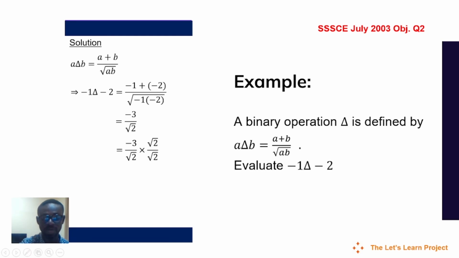When you multiply 1 by any number, you haven't done anything to the number. So at the top, we have -3 times root 2, and that is -3 root 2. And at the bottom, root 2 times root 2 is going to give us root 2 squared. And then the square will cancel the radical symbol, so that your final answer is going to be -3 root 2 over 2.